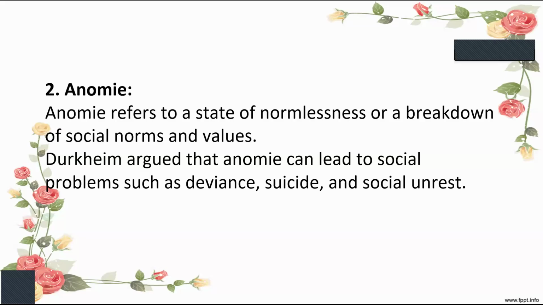It's not a good one. So that may lead to problems like deviance. That means people are not united, so they will be differentiated and people may commit suicide. Social unrest is there. And the condition of anomie may occur because people are not educated.